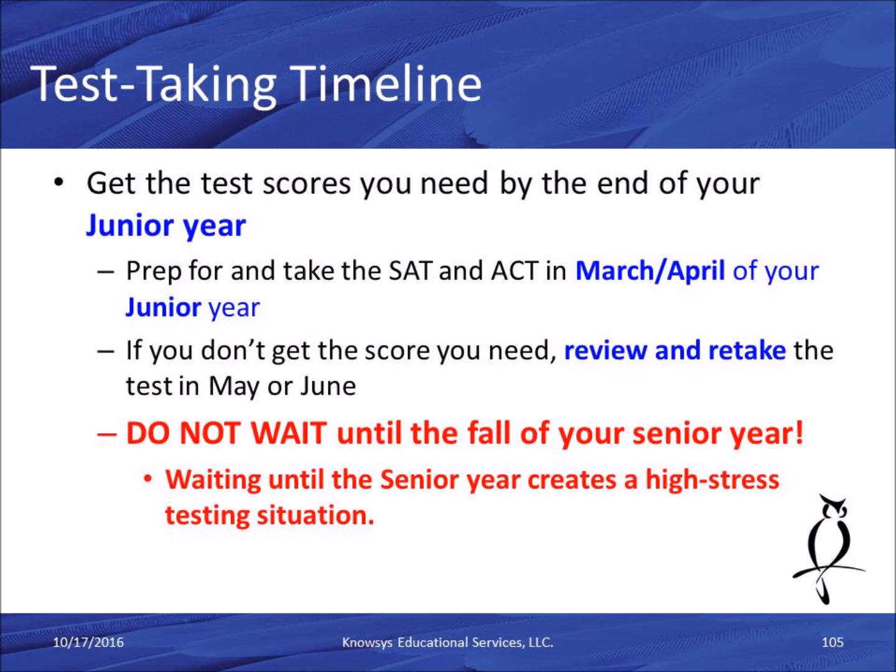So you absolutely don't want to have to wait until then. You don't want to stress yourself out. Much better to have the score you need by the end of June when you leave for the summer before your senior year. That way, over the summer, you can start working on the rest of your application package. In senior year, you're not stressed about these important scores.